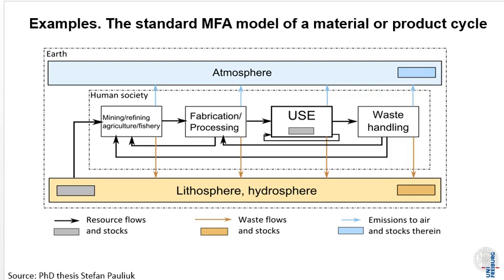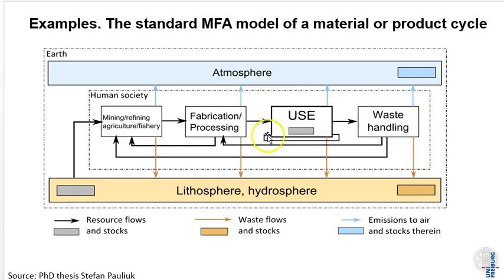When we now apply the concepts of material and energy flow accounting in practice, a typical image that you will often see, especially in material flow analysis, is the image of a material cycle that comprises all the steps of the life cycle of materials, from the mining stage to the fabrication and processing stage to the use phase and to the waste handling industries.